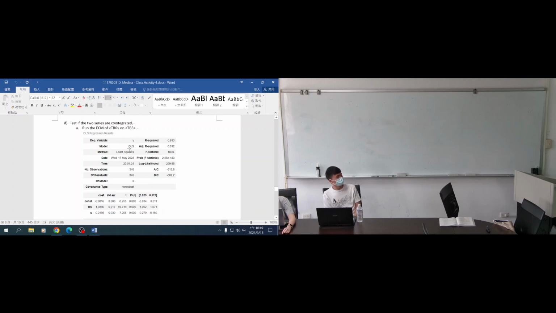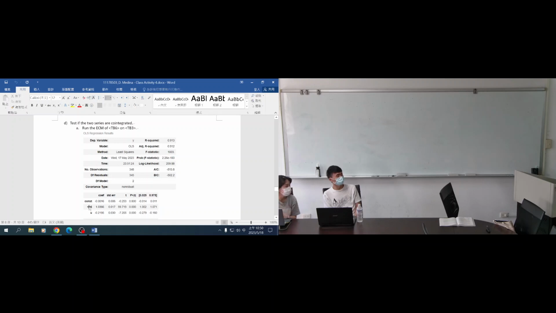You need to change it yourself using Python? Yes. If we don't, what kind of variable do we put in the model? It's just the name, Professor, since I didn't change the name for TB6, but it is the difference. I just forgot to change the label.